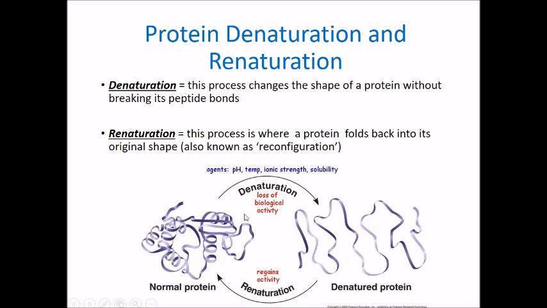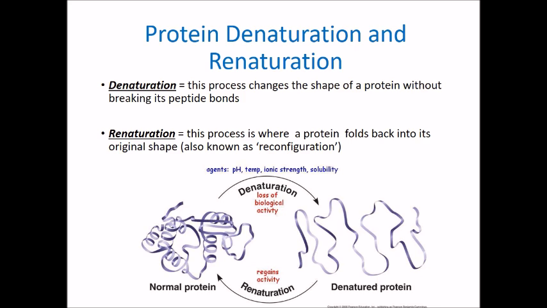It does not break, as you can see over here. This is the shape of the normal protein, and then denaturation occurs. What will happen? The peptide bond that holds one amino acid to another is still here. However, the bonds other than peptide bonds, such as the hydrogen bond, which involves the interaction between the backbone of one amino acid and another, and another example, the disulfide bridge, between side chains of amino acids, will be destroyed by the denaturation process.